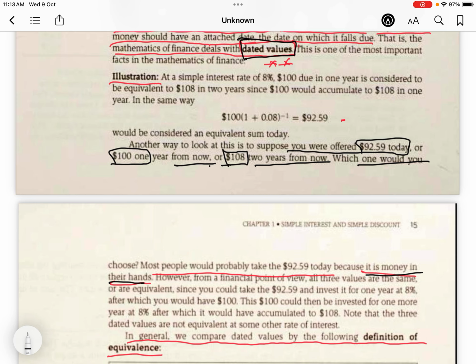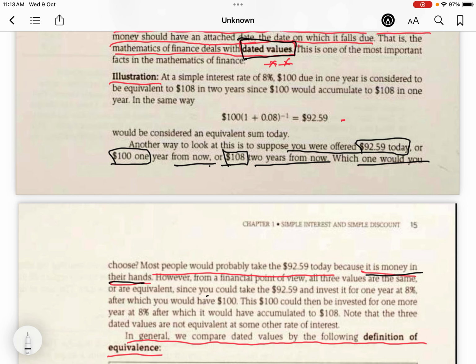Or are equivalent, since you could take the 92.59 and invest it for 1 year at 8%, after which you would have 100 dollars. This 100 dollars could then be invested for 1 more year at 8%, after which it would have accumulated to $108.